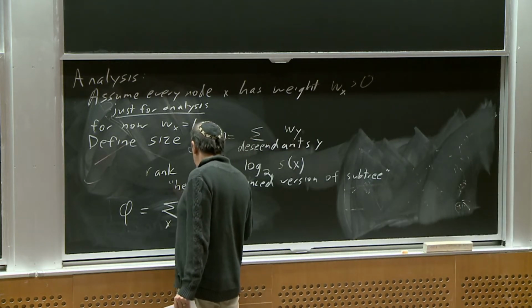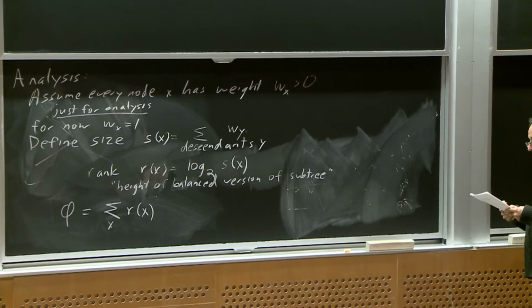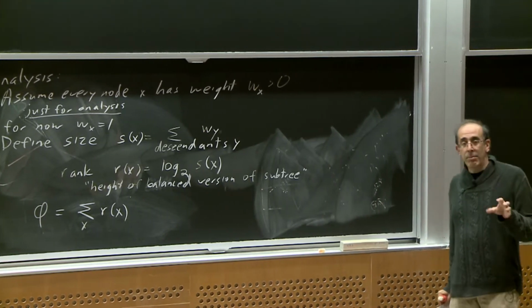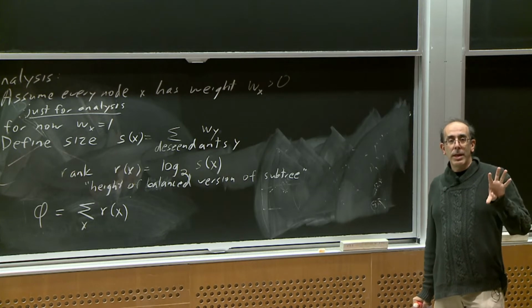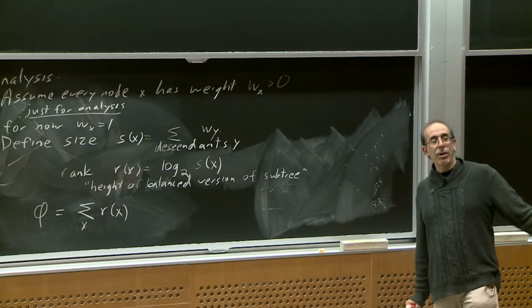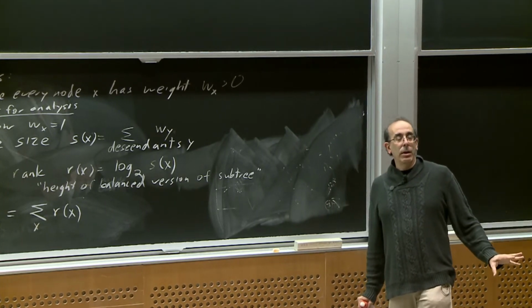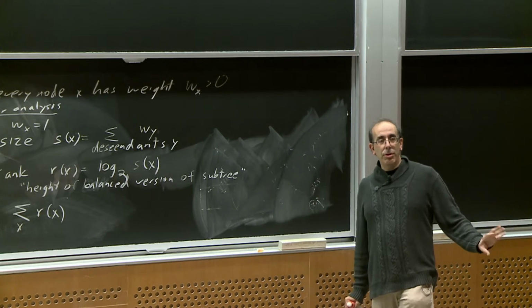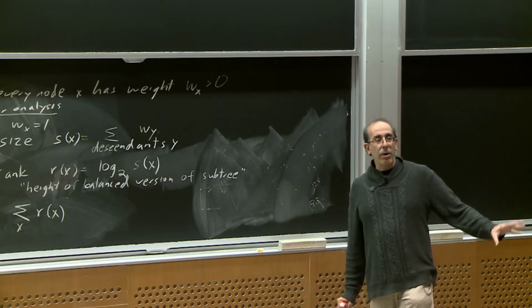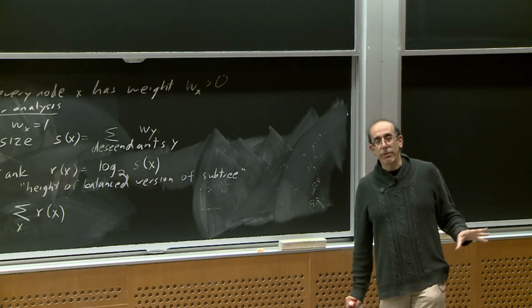Once we have it, we can develop a little bit of intuition. Remember what I said at the beginning was that out-of-balance trees are ones where there are really huge subtrees very low down in the tree, right? So if you have a huge subtree low down in your overall tree, what is that going to do to the potential function?